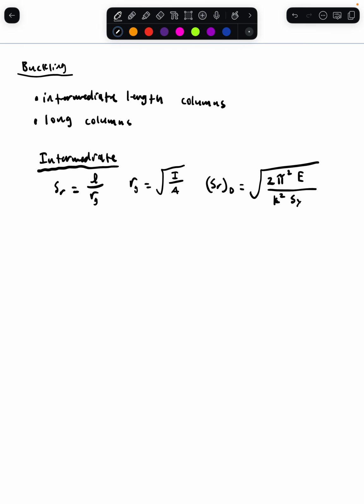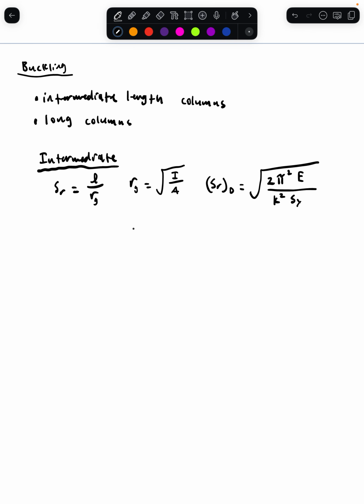This k is a correction factor for the length of the column. In the handbook, there's a table where the k value depends on how the column is supported. It looks like there are 6 different support structures and the k value for each.